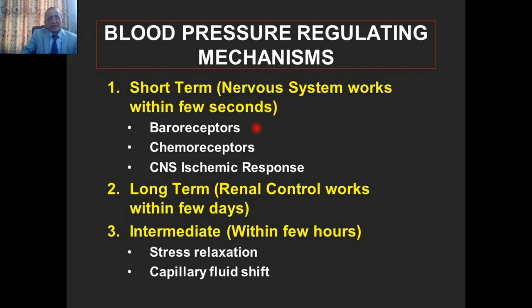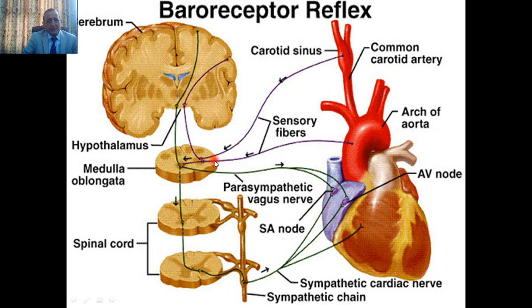Now, what regulates the blood pressure? Normally, the blood pressure, whether hypo or hyper, is regulated in a matter of seconds by the nervous system, in a matter of hours by fluid shift, in a matter of days by the kidney. I will give an example of the immediate regulation of blood pressure by baro and chemoreceptors. In the aortic arch and in the carotid, you have receptors that sense the blood pressure.